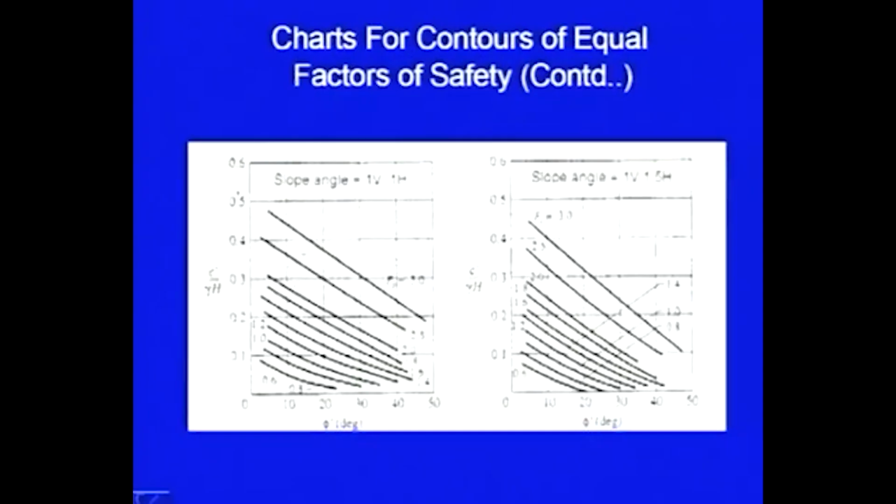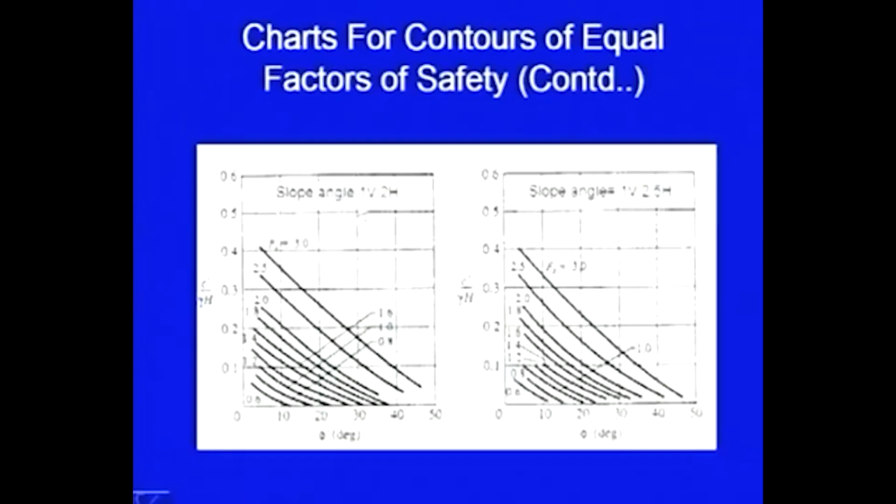This is the next chart, it is for 1 vertical to 1 horizontal, slope angle is 45 degree here, and again factor of safety is 3 for this curve, this is for 3, this is for 2.5, 2 and so on. Here it is 1 vertical to 1.5 horizontal, y axis and x axis are the same, and these are the factor of safety values.